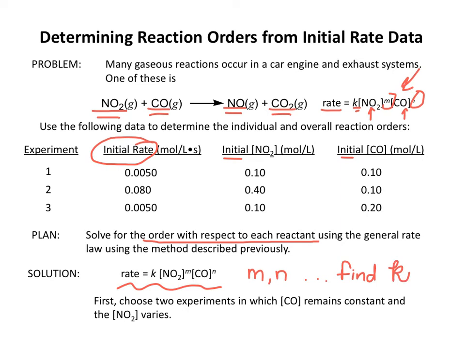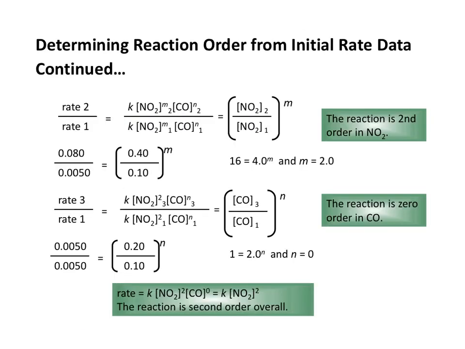So first, if we're looking for NO2, we're going to choose two experiments in which carbon monoxide remains constant and the NO2 varies. The solution for this is on the next slide. I think that everything's laid out there, so we'll go through it ourselves in detail.